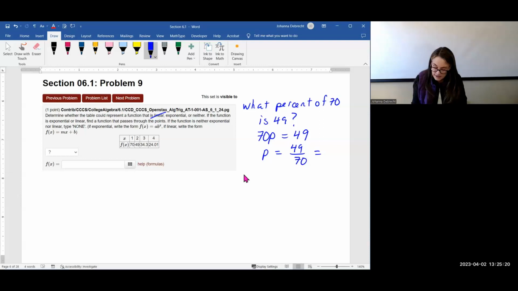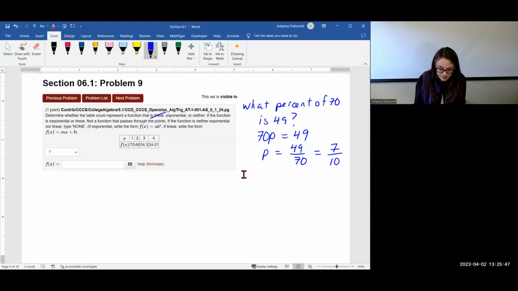And when I divide this out, I get 7 over 10. All right. Now, that means to go from 70 to 49, I multiplied by 7/10. In other words, it was a change. All right. So I had a decrease here. So of 70, 30%, a decrease of 30, but changing to 70% still there.